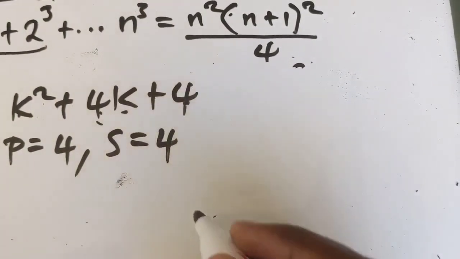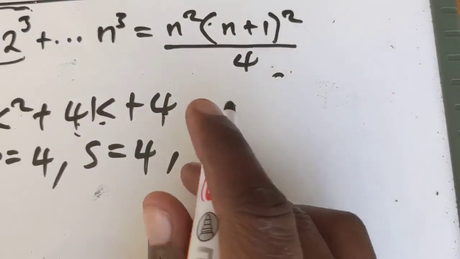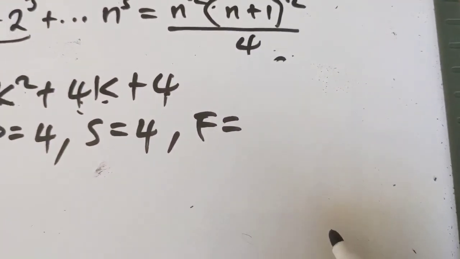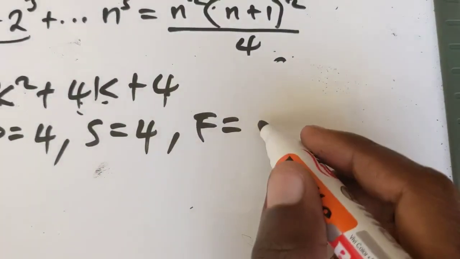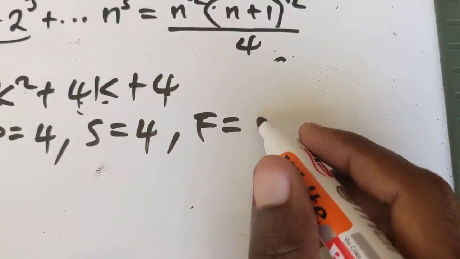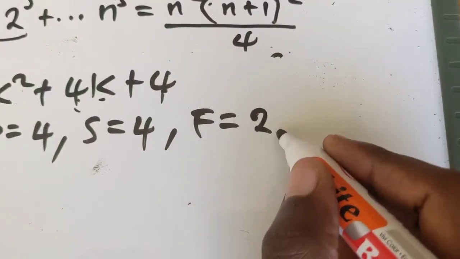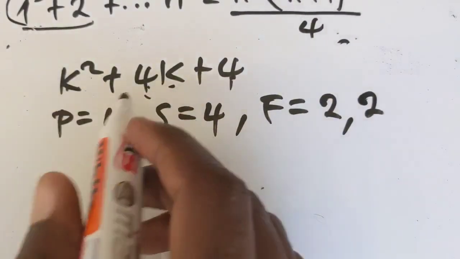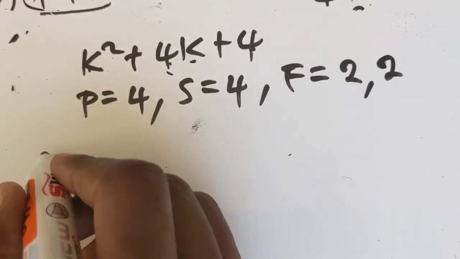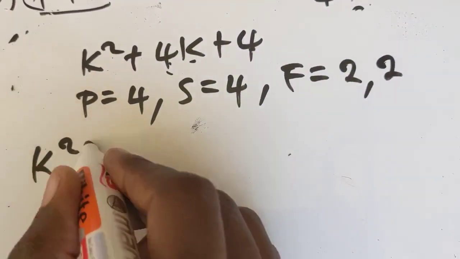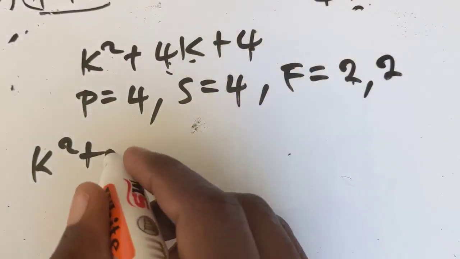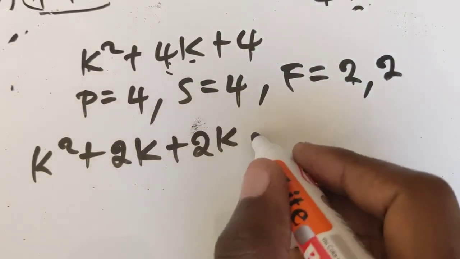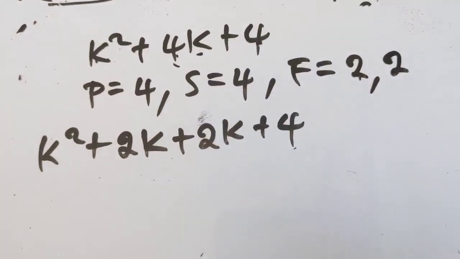So that is 4. Then the factors are numbers that you can multiply and add to get the product and the sum. So we said that the factors are 2 and 2. So meaning we are going to solve it like this. It is going to be k squared plus 2k plus 2k plus 4, like that.